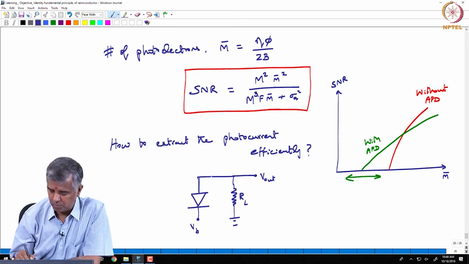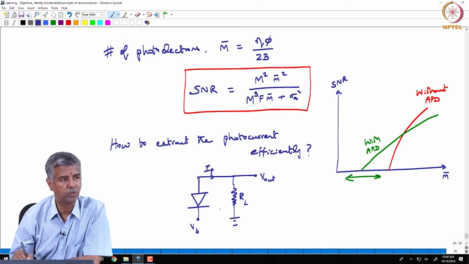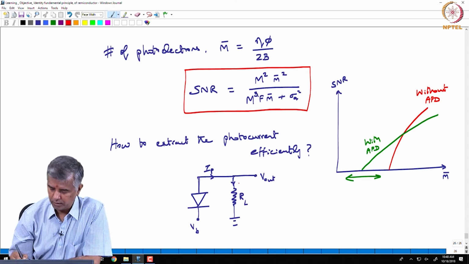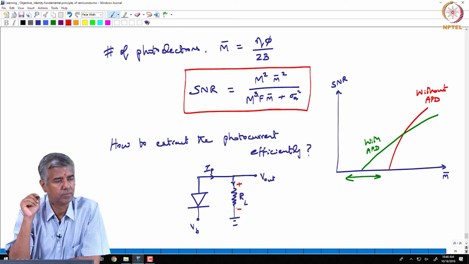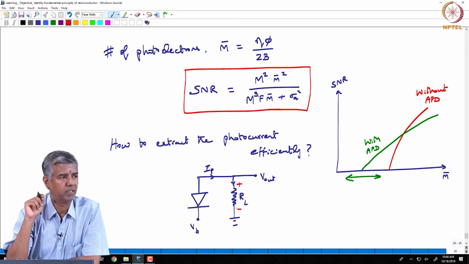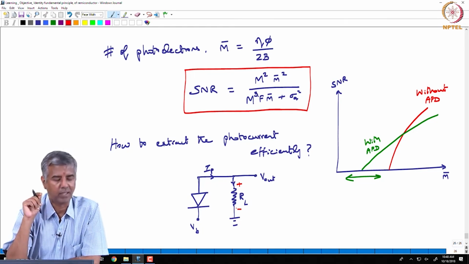Now, the problem is that you have a photocurrent that is flowing through this resistor, and when that photocurrent flows through, this is going to be at higher bias compared to this. You are going to have a potential drop across that resistor RL.